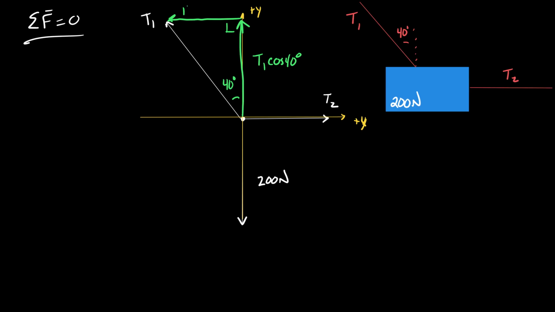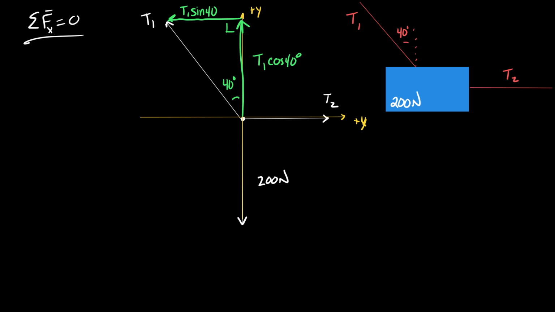And this one is going to be T1 sine 40. Right? The top one is going to be the opposite side, so we get sine. And the one along the y-axis is going to be cosine. It's the adjacent side. I've broken all my forces up into their components. I can go on to step 4 and apply Newton's laws in each direction.